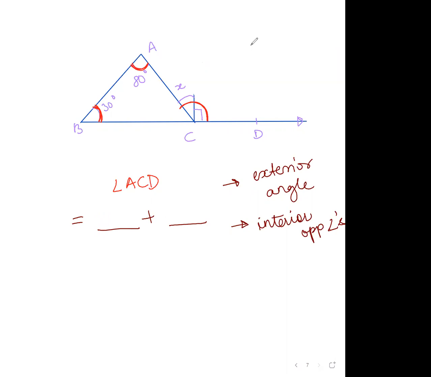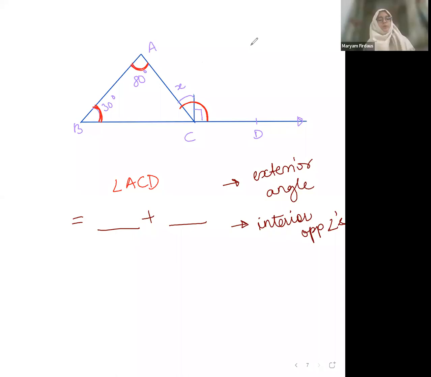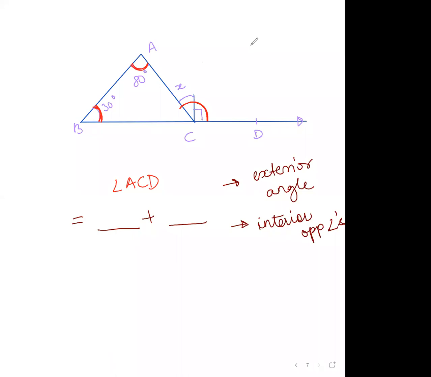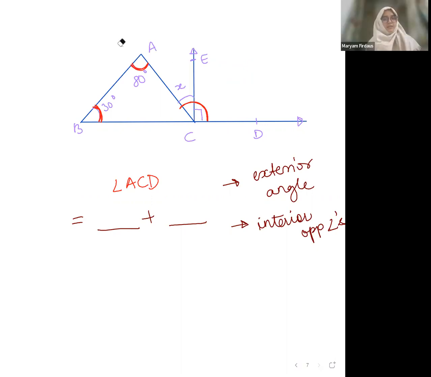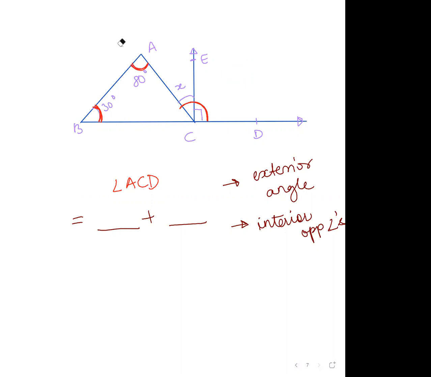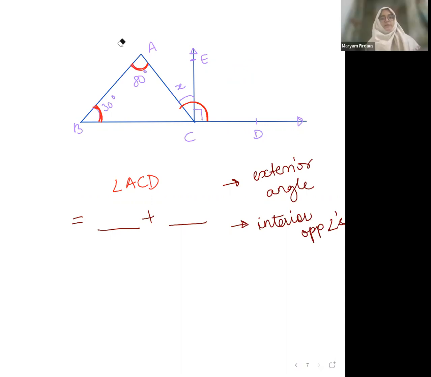C and D. How do you tell the name of an angle? Angle CD. CD is an angle or a line segment or a ray? It is a ray. CD is not an angle, right?